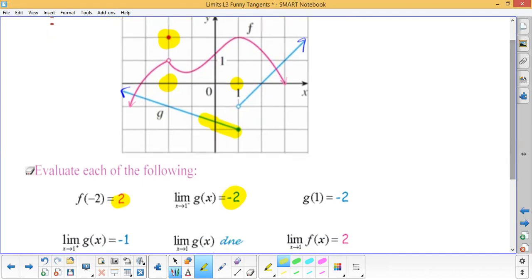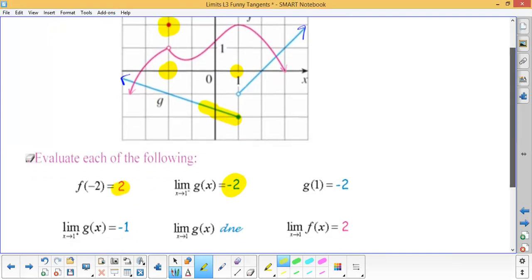Notice that g of 1, when we plug x is equal to +1 into the equation, we also get -2. But more importantly, when we are approaching 1 from the right, we don't get that same intended height.